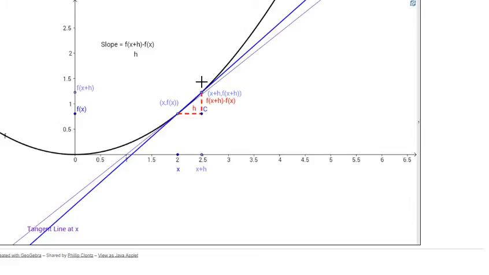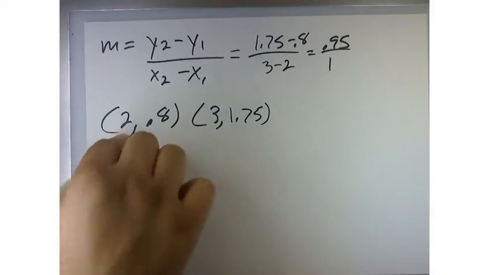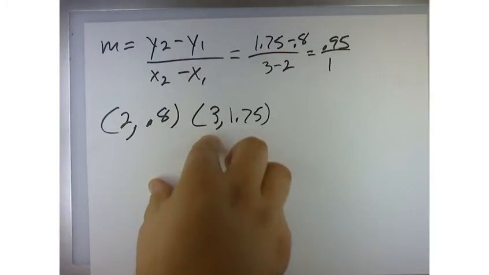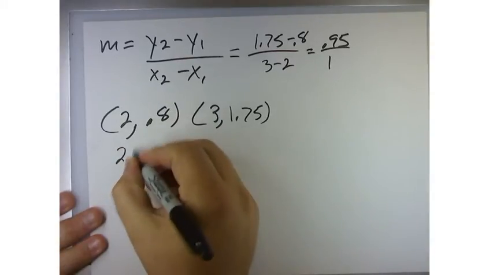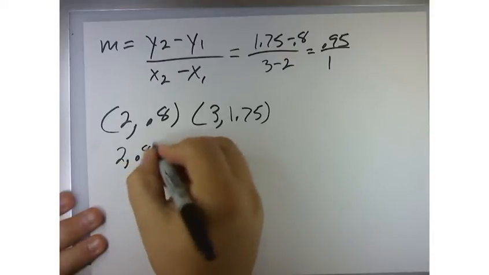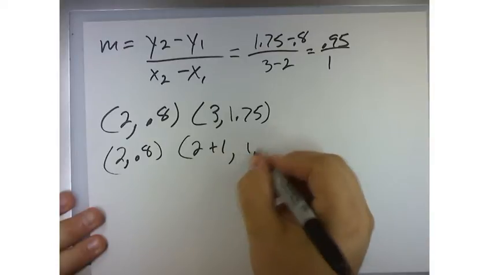Now here's the thing. What if I represented those in a different way? This only works when x equals 2. In other words, all this math that I'm going to do will only work for x equals 2, and I will make this smaller and smaller and smaller. In other words, what I said was I had (2, 0.8), and over here what I really had was (2 plus 1, 1.75).